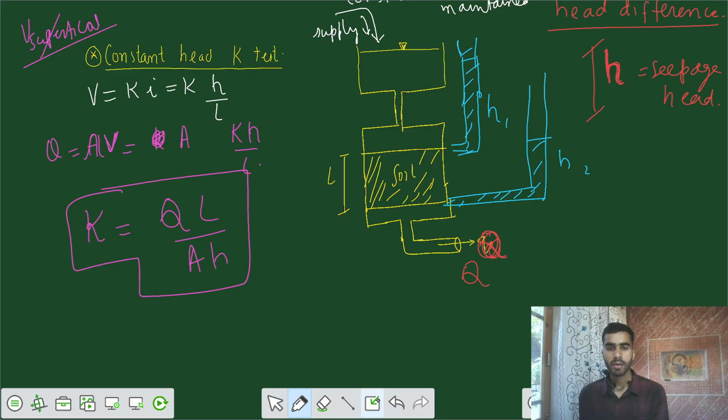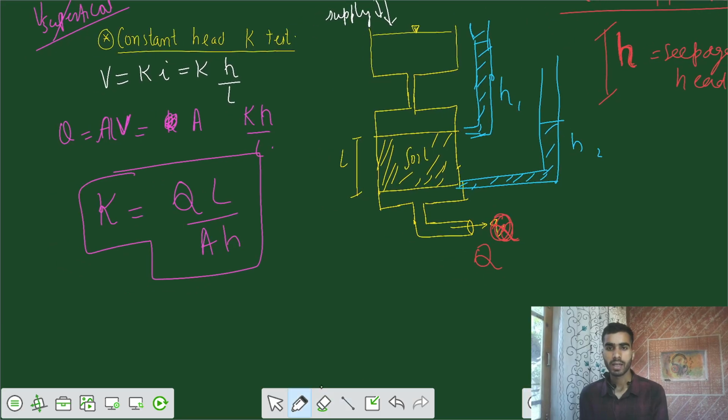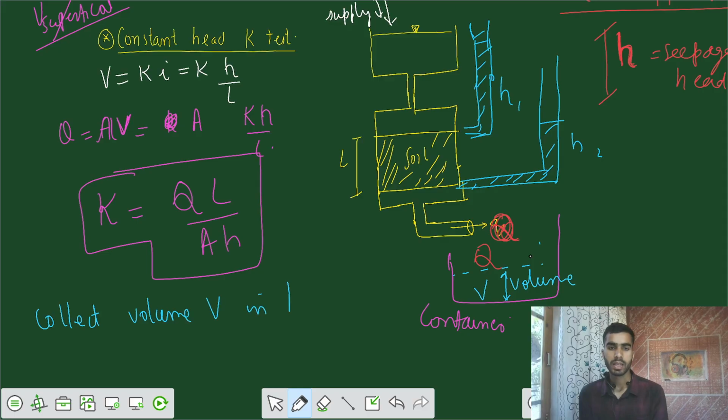And if I keep a container at the bottom, so let's say that there is some container and initially the water level was 0. Let us collect a volume V in time t in that container.